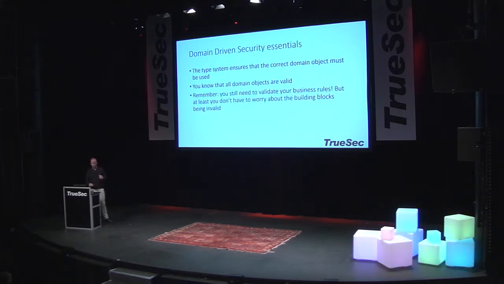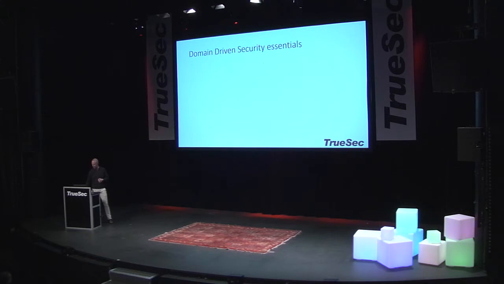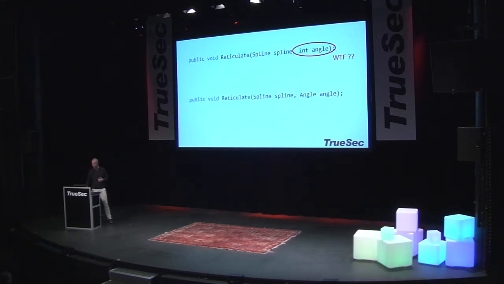And yeah, sure, you still have business rules, right? Even in our reticulate spline example here, can splines actually be reticulated? Is this spline allowed? This is a business rule. This angle might be a valid angle in our domain, but it might not be valid for this particular business scenario.